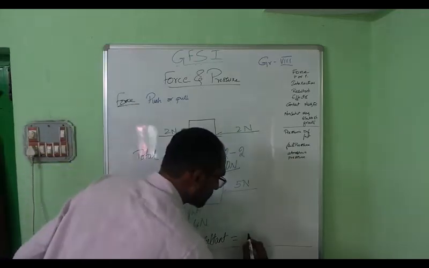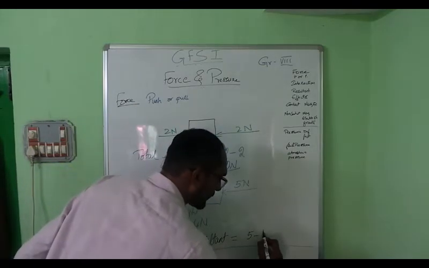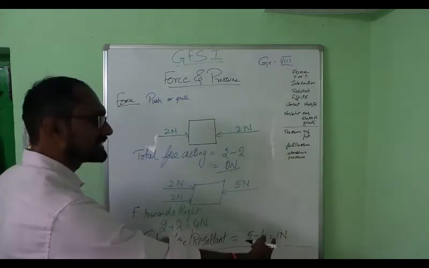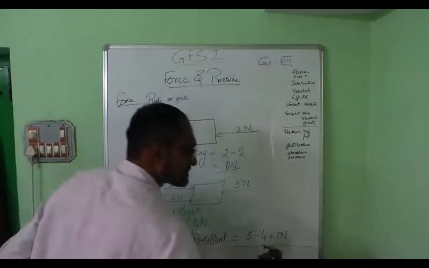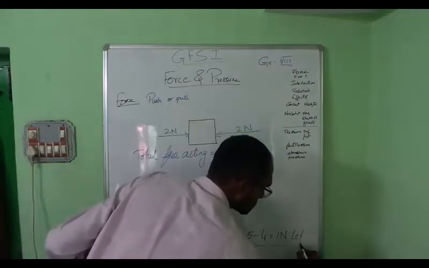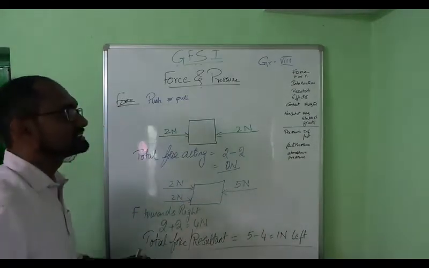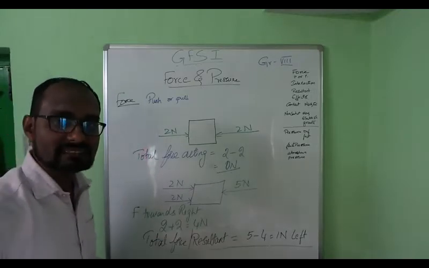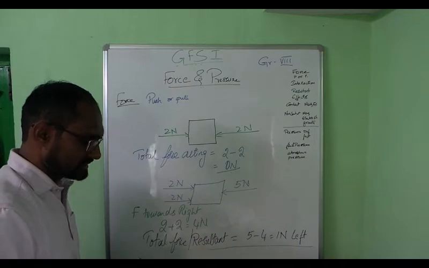So it would be 5 minus 4, that is equal to 1 Newton. This 1 Newton is towards the left side. So this is how we calculate the resultant force acting on an object.